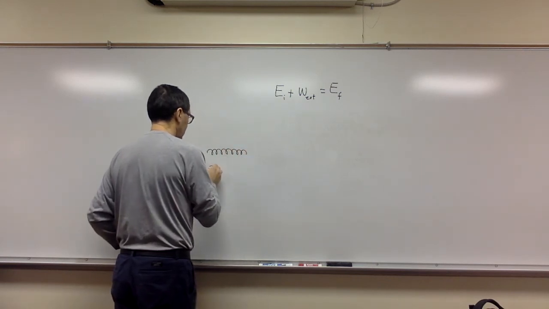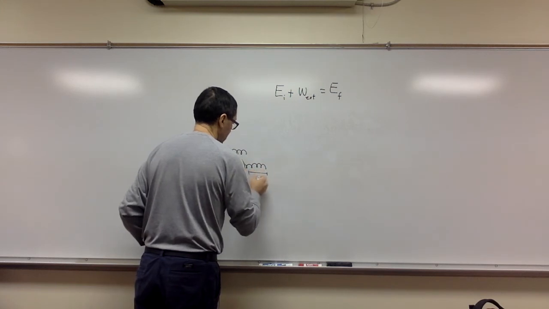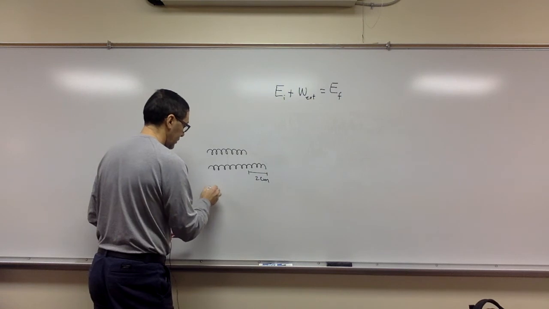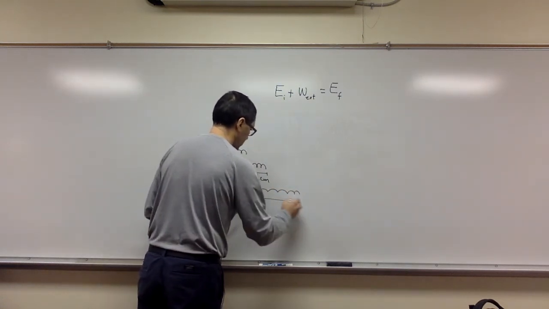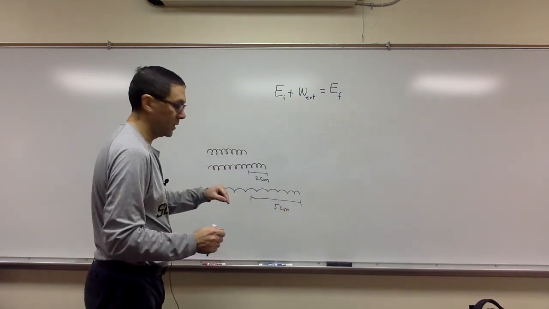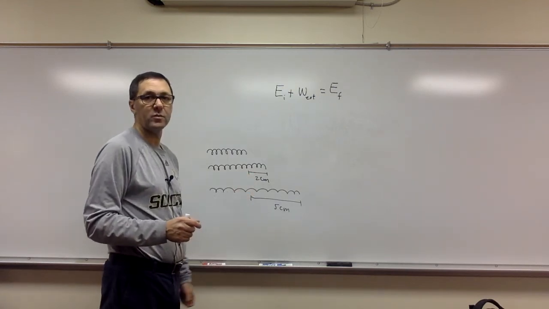If I stretch it 2 centimeters, and then I stretch it again from this position here, it's stretched 5 centimeters. Okay, so I want to know how much work was done to stretch it from 2 to 5 centimeters.